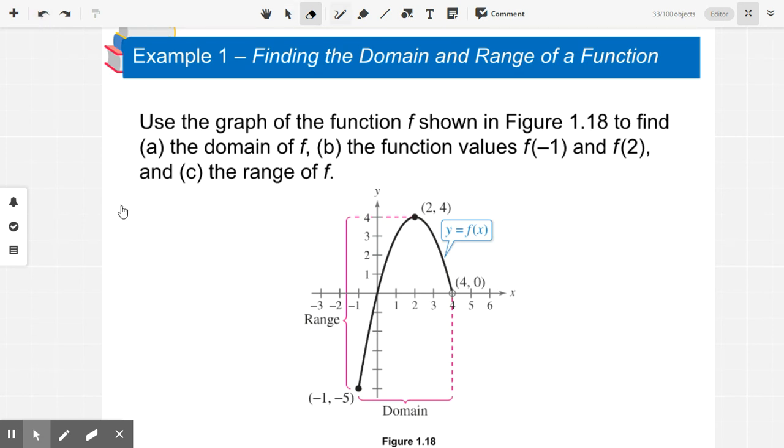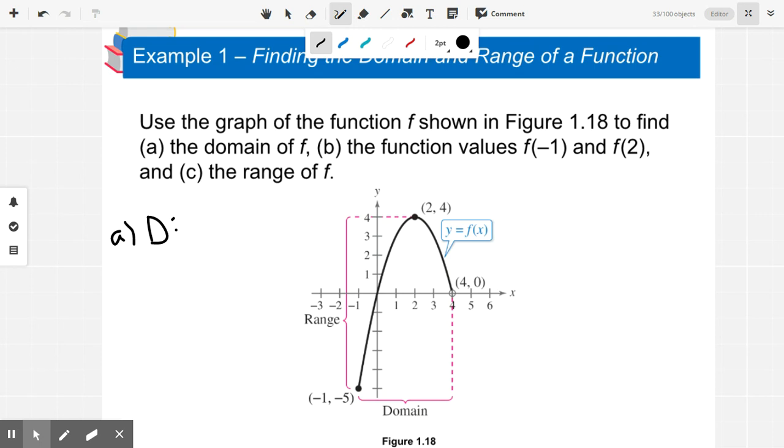All right, so first of all, the domain of f. What we've got to do is look at this graph that ends right here, goes up as a parabola, and then it ends right here, but does not include that point. And this is where we're going to use that interval notation that we talked about last lesson. The domain is how far to the left this graph goes and how far to the right.